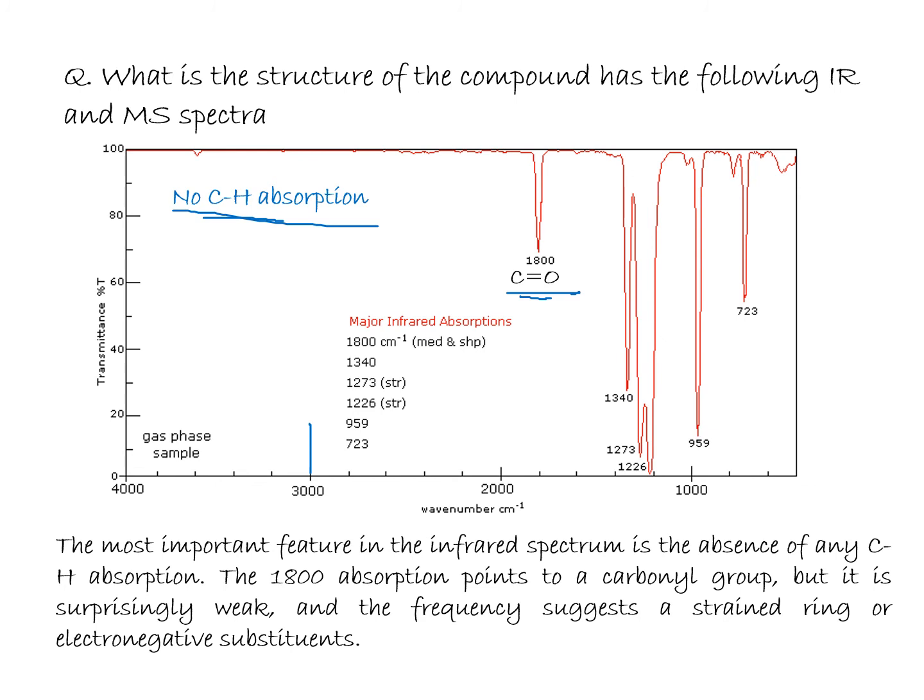So the most important feature in the spectra is the absence of any carbon-hydrogen absorption. The absorption at 1800 is a little bit high and weak, indicating that it is either in a strained ring or surrounded by electronegative substituents.